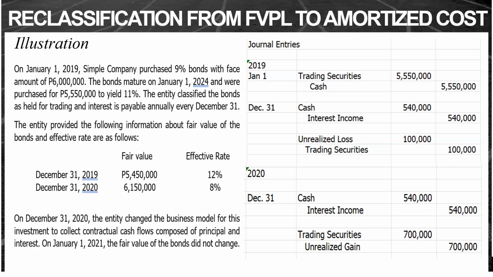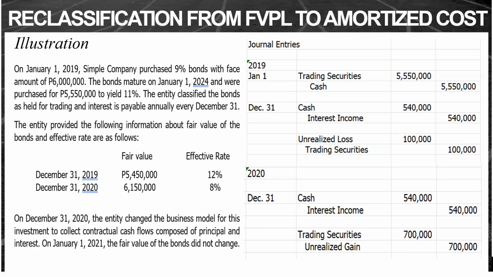So, this will be our entry. Debit tayo ng trading securities. Tapos, credit tayo ng unrealized gain na 700,000. So, with this entry, yung trading securities natin will be reported na 6,150,000 and our unrealized gain will be reported, of course, in your profit or loss na 700,000.